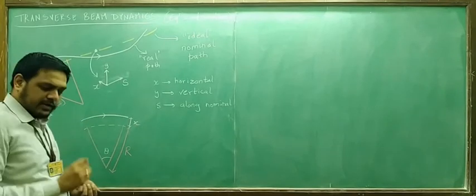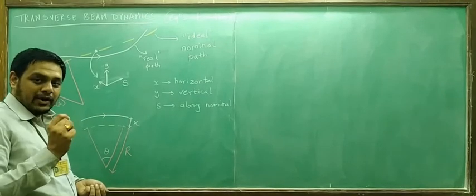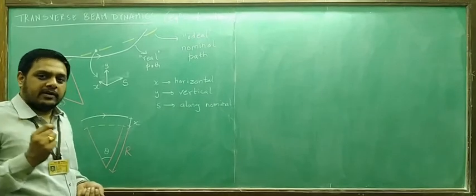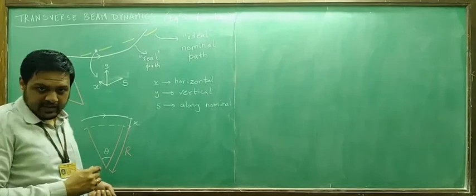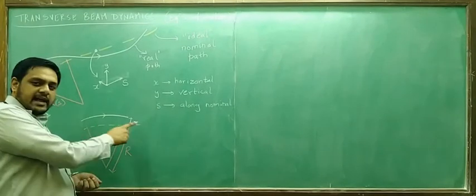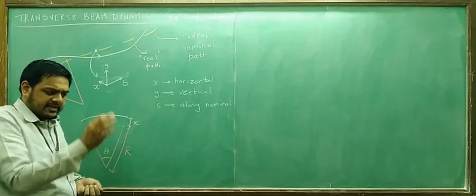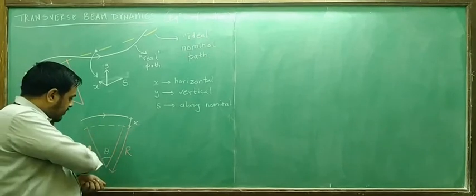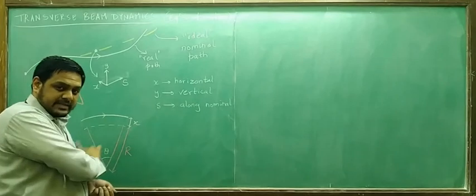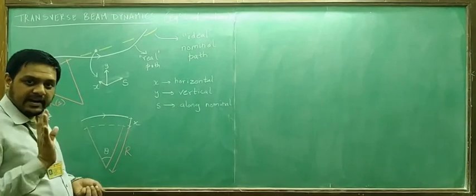So, you need to have a very good idea in your design at a given point of time where the particle is exactly and what speed it is moving with. Where the particle is supposed to be is along the nominal trajectory, and as a function of time it is supposed to be at various points. Therefore, what should be the ideal velocity when it is passing through this is also well defined.